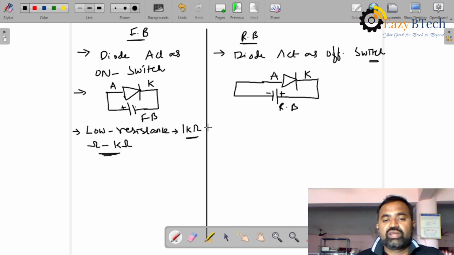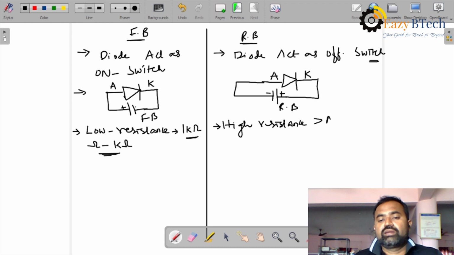In reverse bias, there is high resistance, greater than mega ohms.